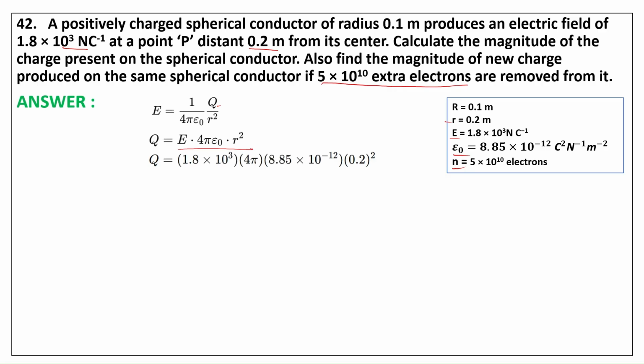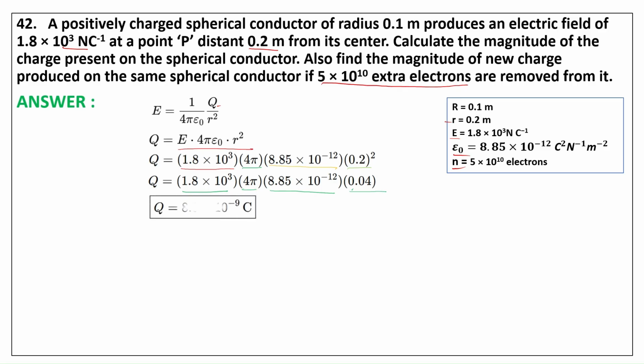Therefore, Q is equal to 1.8 × 10^3 × 4 pi × 8.85 × 10^-12 × 0.2 square. That is, Q is equal to 1.8 × 10^3 × 4 pi × 8.85 × 10^-12 × 0.04. On simplifying we get Q is equal to 8 × 10^-9.